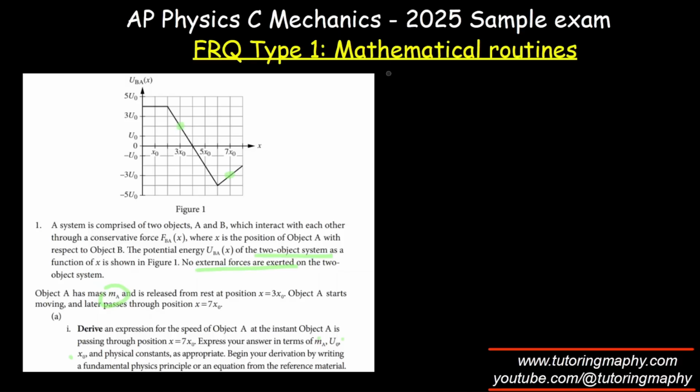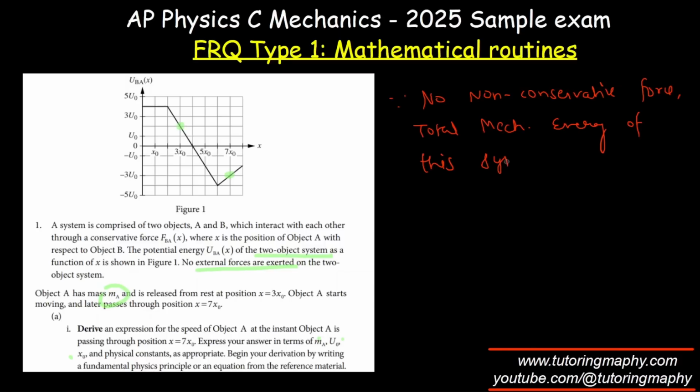So we are going to say that since there is no non-conservative force, the total mechanical energy of this system is conserved, which means that initial kinetic plus initial potential is final kinetic plus final potential energy. That's the statement that we're going to start with.